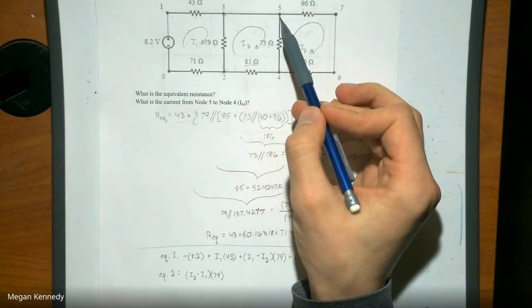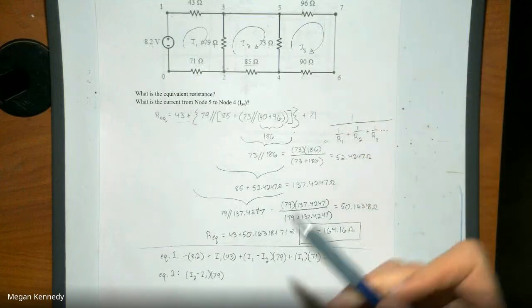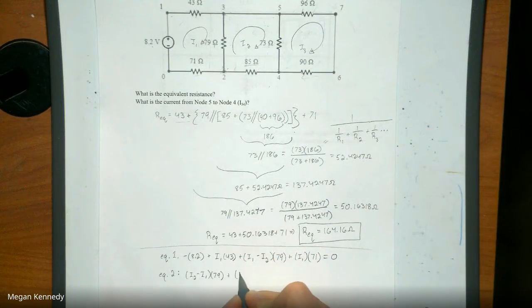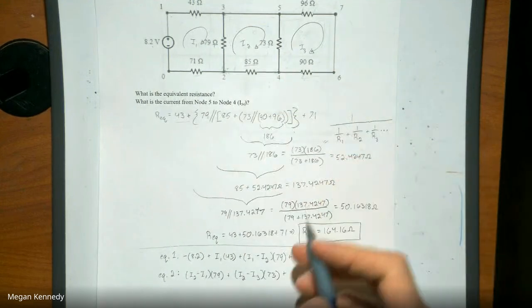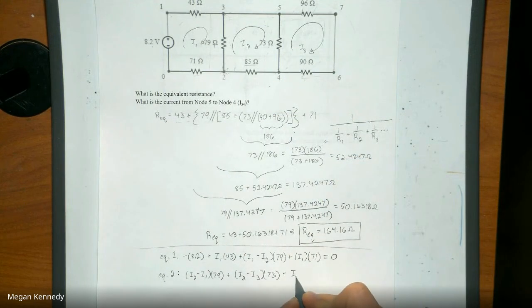We come around, and now we have the voltage drop from 5 to 4. So we have I2 minus I3 times our 73 ohms. Plus this voltage drop right here, which is then I2 times 85. And that has to be equal to 0.